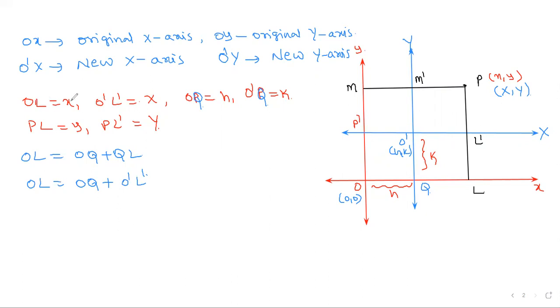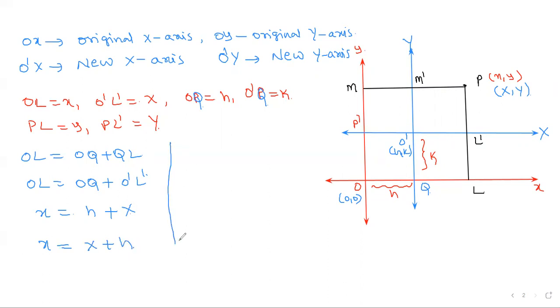So the OL value, small x, is equal to OQ, which is h, plus capital X. So small x is equal to capital X plus h.